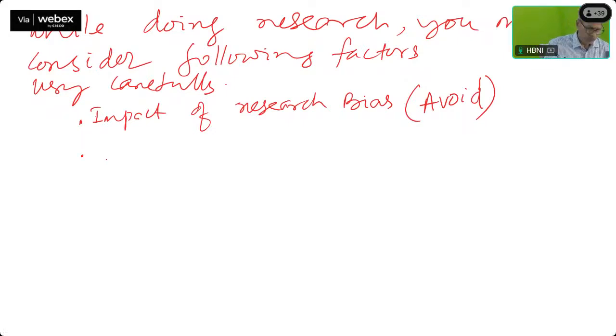And next is access to data. When you are doing a research, this data must always be accessible to you. Because when you publish something, if somebody asks some question, you should be able to answer using the data, which should always be with you.